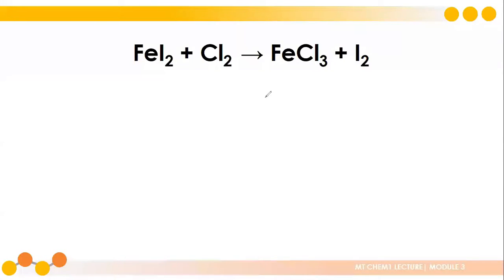Okay, assuming you're done with solving it on your own, let's try to balance it together. So we have here ferrous iodide. Again, let's try to put it into words first.